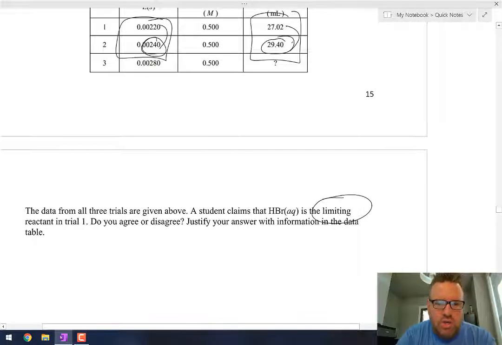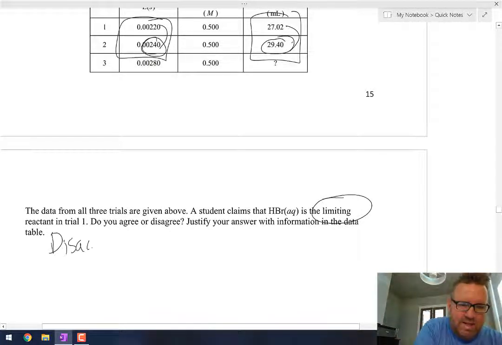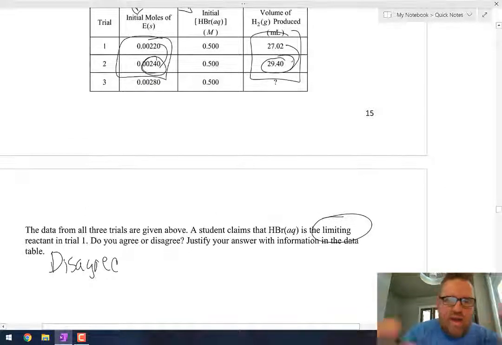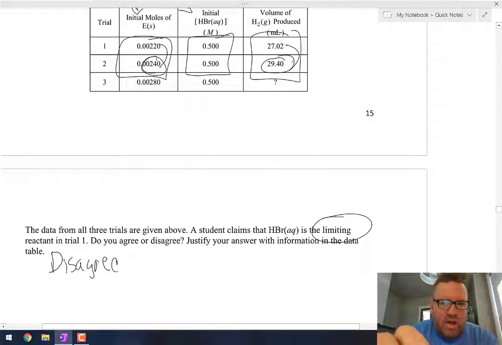So do you agree or disagree that HBr is the limiting reactant? Absolutely, I disagree. And how would you explain that? You could say that the concentration of HBr remains the same, yet the volume of H2 still changes.